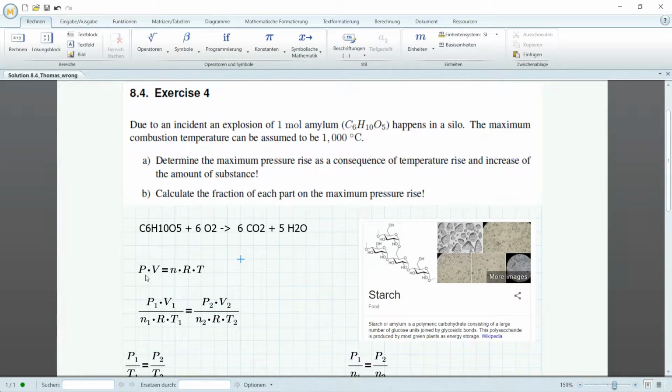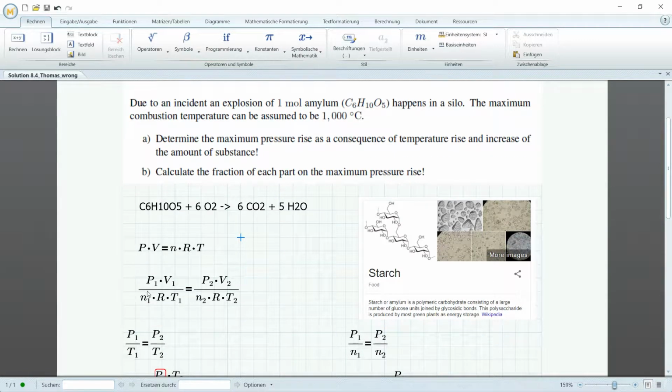And now we're going to solve this problem using the ideal gas law, PV equals nRT. In the ideal gas law, if we take P and V and divide it by nRT, this is equal to 1.